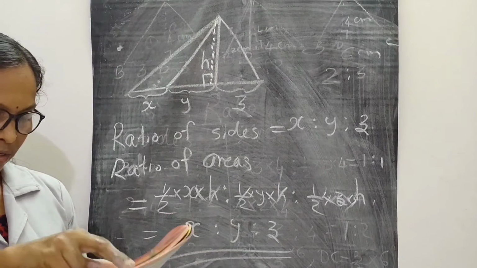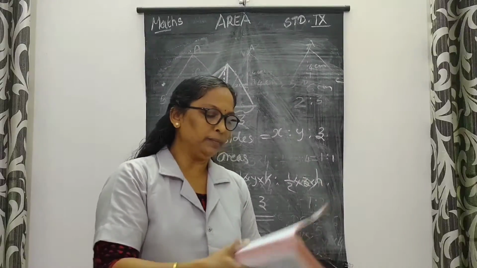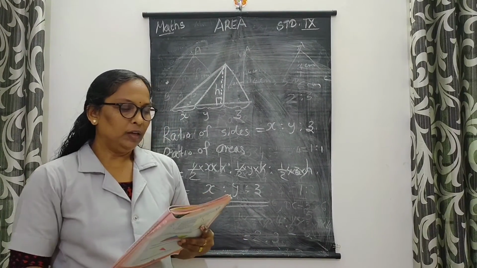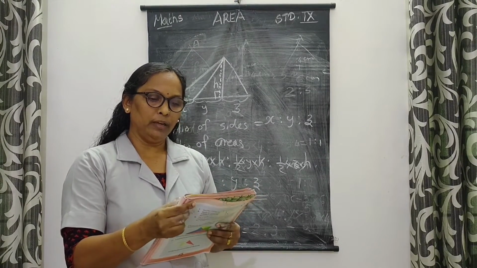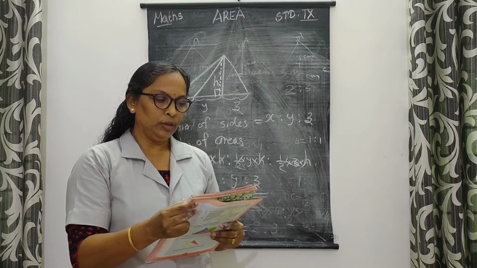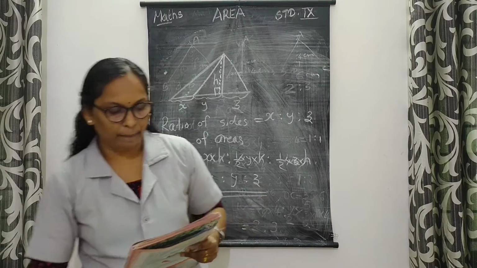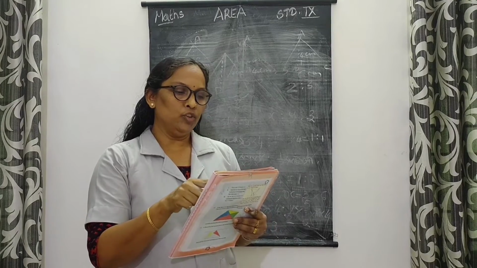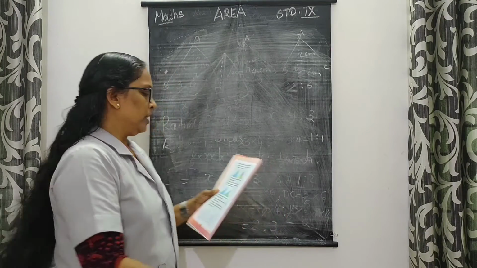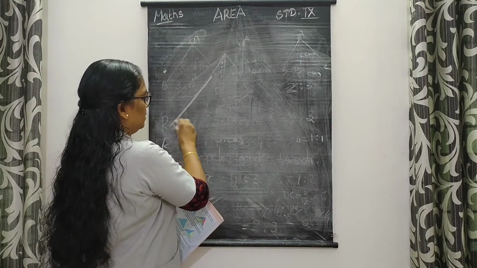And the second question. Take the second question. In the picture below, the top vertex of a triangle is joined to the midpoint of the bottom side. Here also one triangle is there.